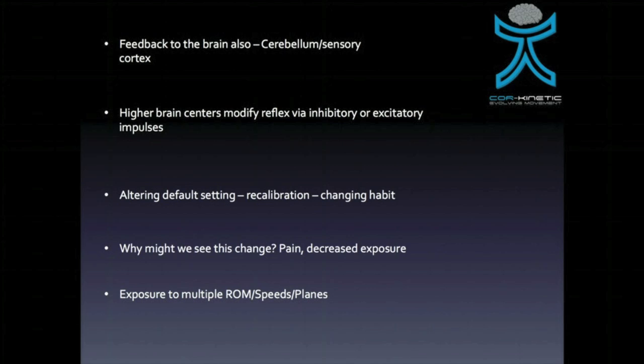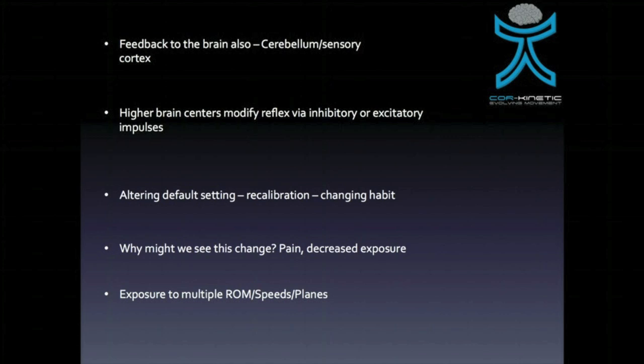So as I said before, why might we see this change? Pain, but also decreased exposure. So if we become protective over a body part, we stop using it, we stop moving it, we start moving something else more, that area does not get exposed to movement. Therefore, its appropriate response to this strange movement that comes across, that it's not used to, is to create protection.